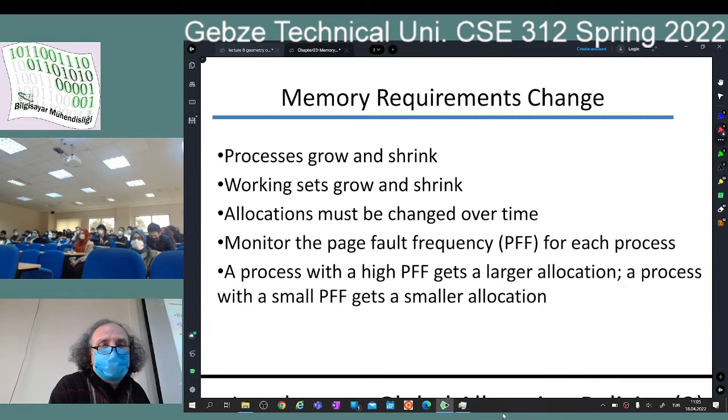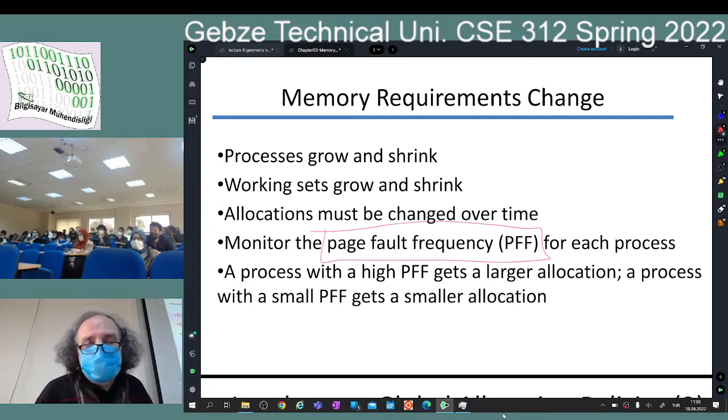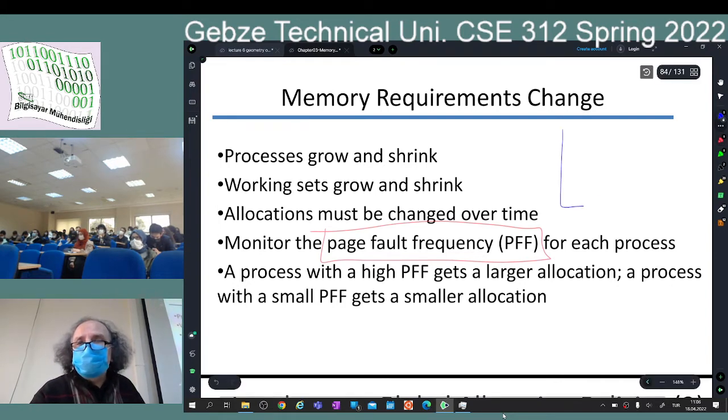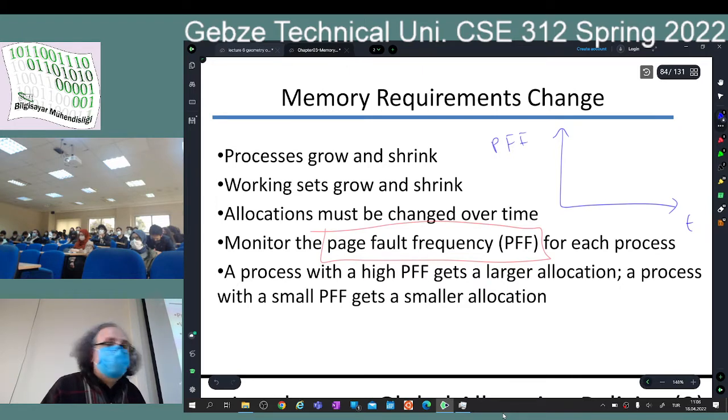Always monitor the page fault frequency, PFF. This is a very critical number for operating systems to keep your eyes on. Okay, PFF, page fault frequency. You measure how many, okay, if this is time, and if this is my PFF, okay, if this is my page fault frequency doing this, keep looking at this graph for all the processes.